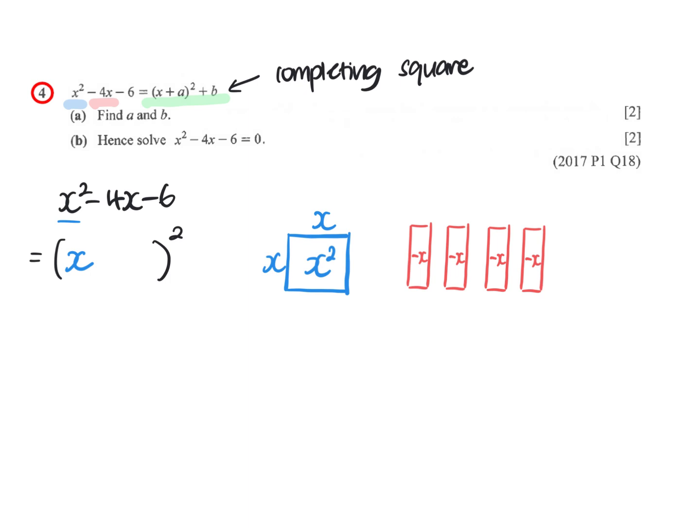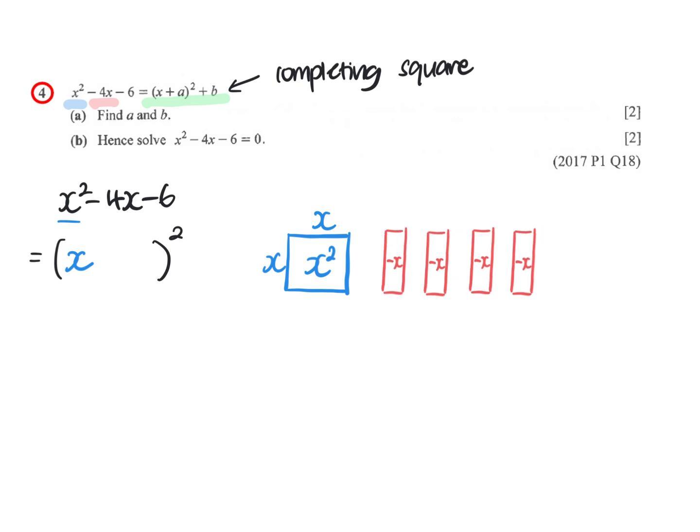Then next, I have a negative 4x. So in this case, I've got negative 4 of these units, negative 4x. I'm going to arrange all this such that it becomes a square. Now, what's the property of a square? The sides over here must be equal.